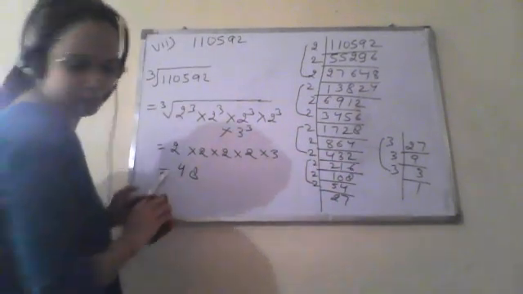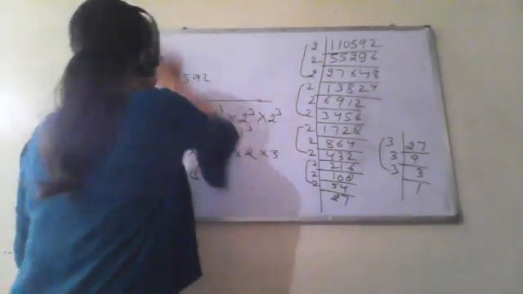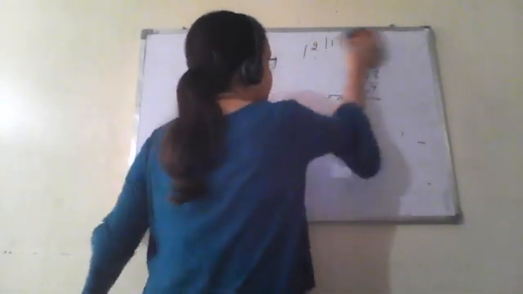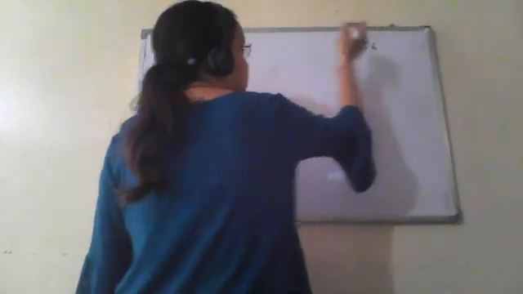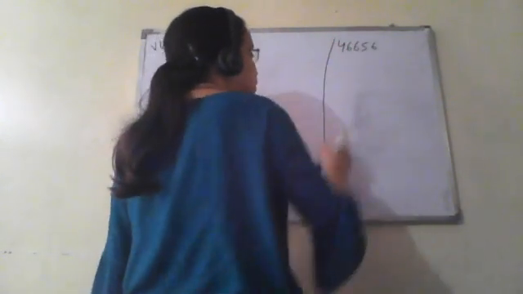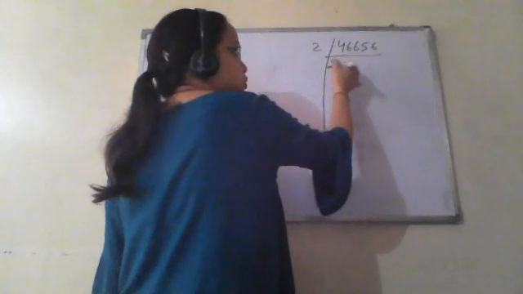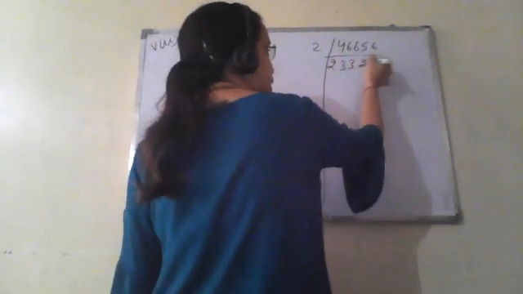Now next part, 8th part is 46656. So this is 2, 3, 3, 2, 8.